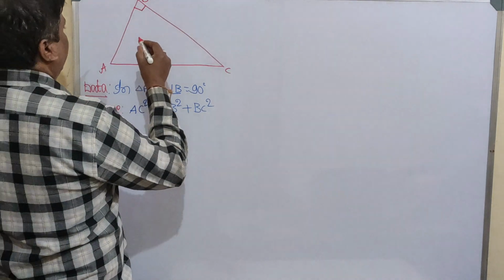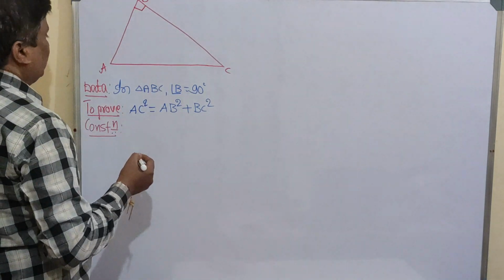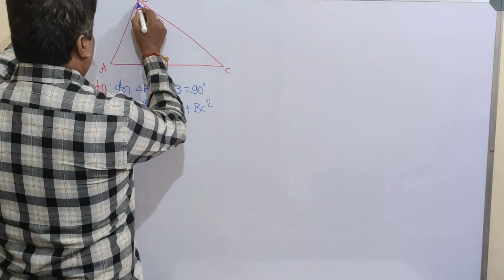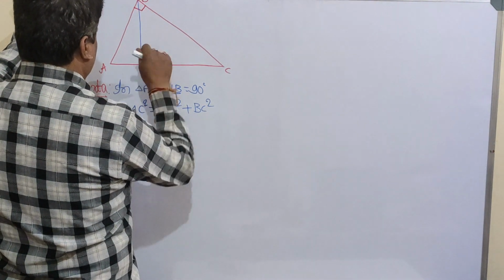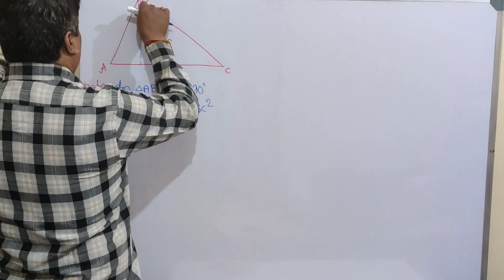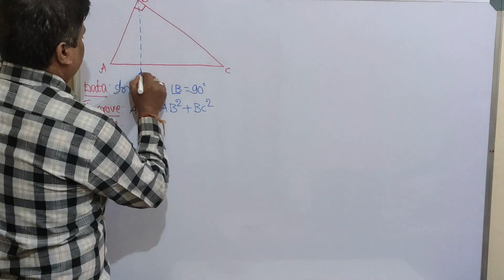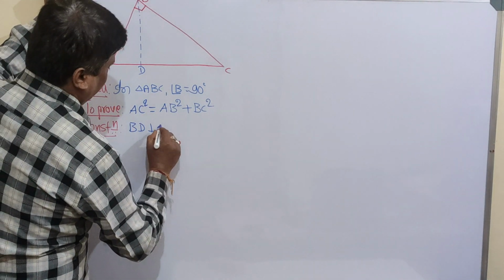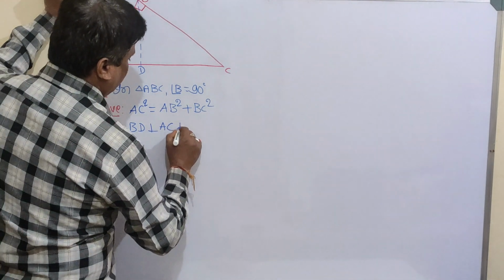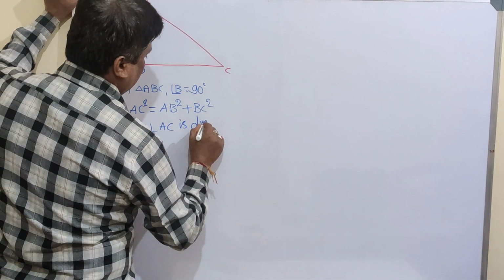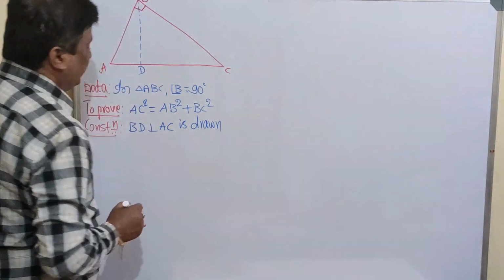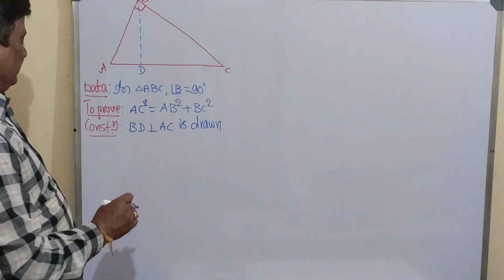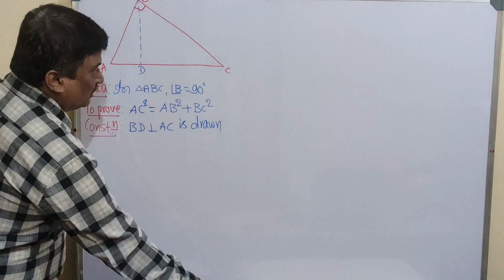Construction: BD perpendicular to AC is drawn. Now let's move towards the proof.